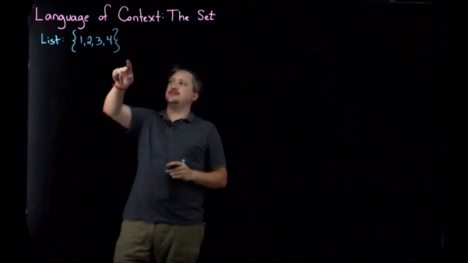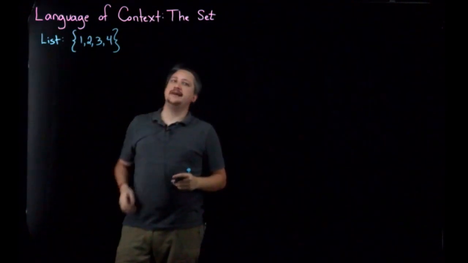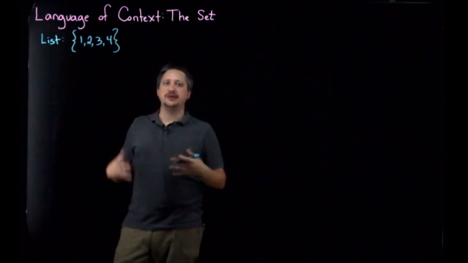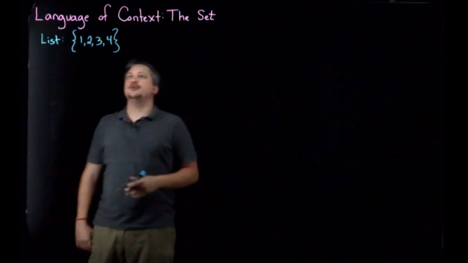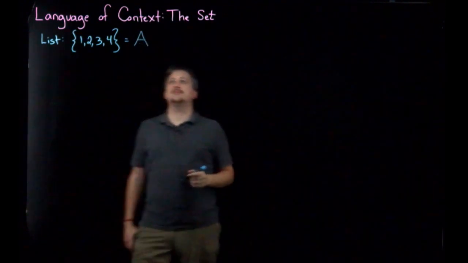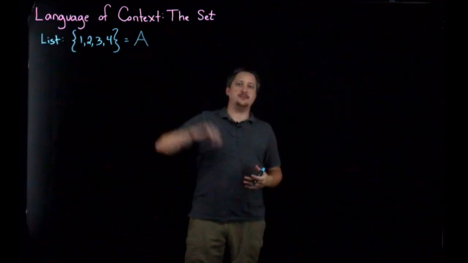And in fact, this is just listing the set. I could also give it a name. By convention, we name sets with capital letters. So I could call this set A. A is the set of numbers 1, 2, 3, and 4.